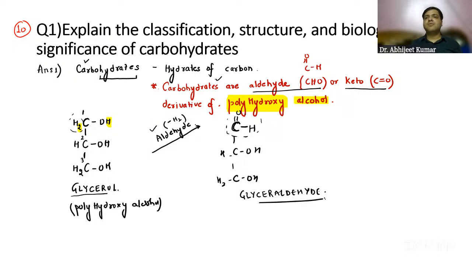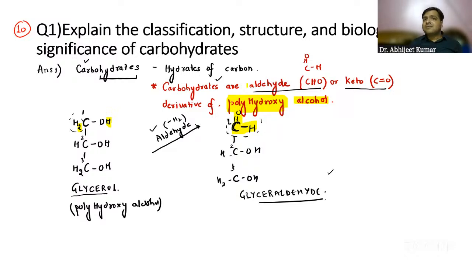Always remember, guys, that in an aldehyde derivative, the group is always present at the first position. We have 3 carbons, and it is always present at the first carbon.